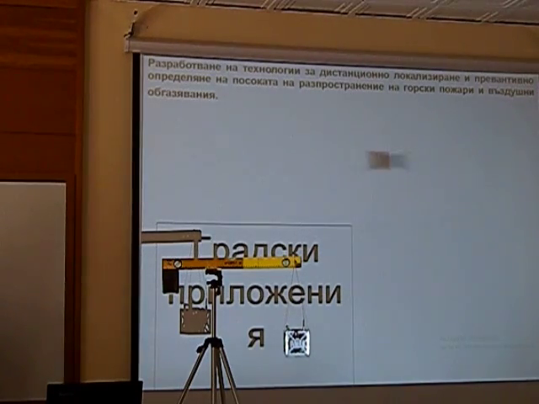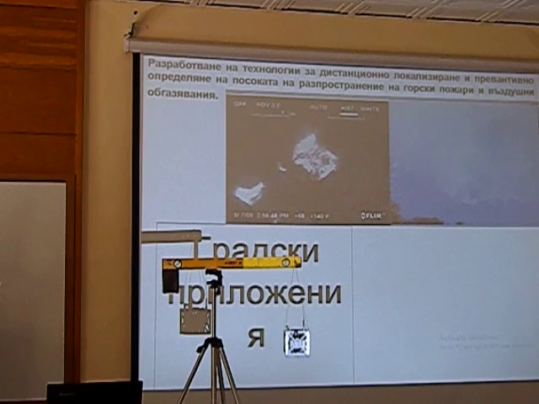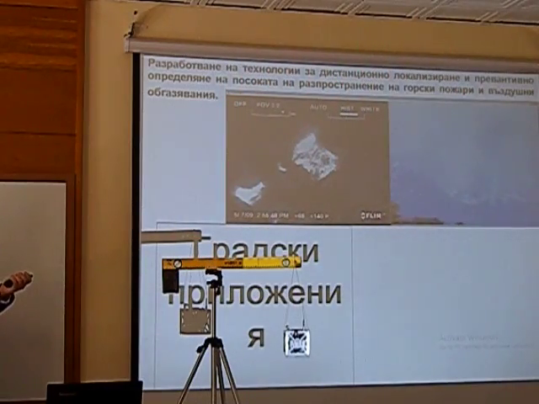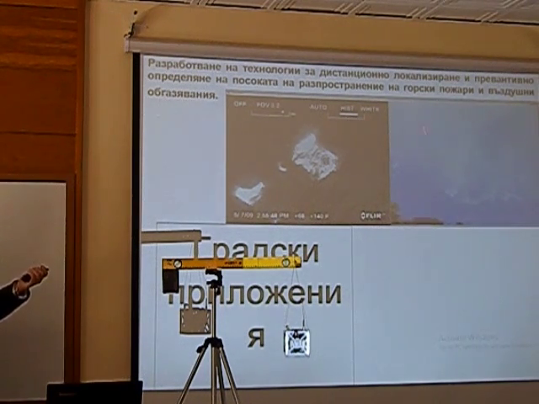Now some other applications. Here you can see forest fire in infrared. And this is the same region but in normal picture. In fact, in normal picture you cannot see and you cannot locate the forest fire due to the smoke.